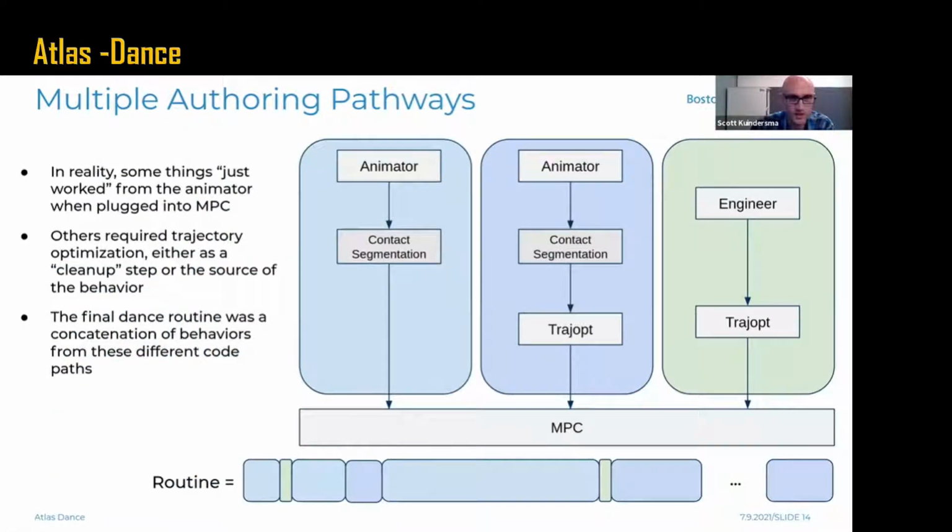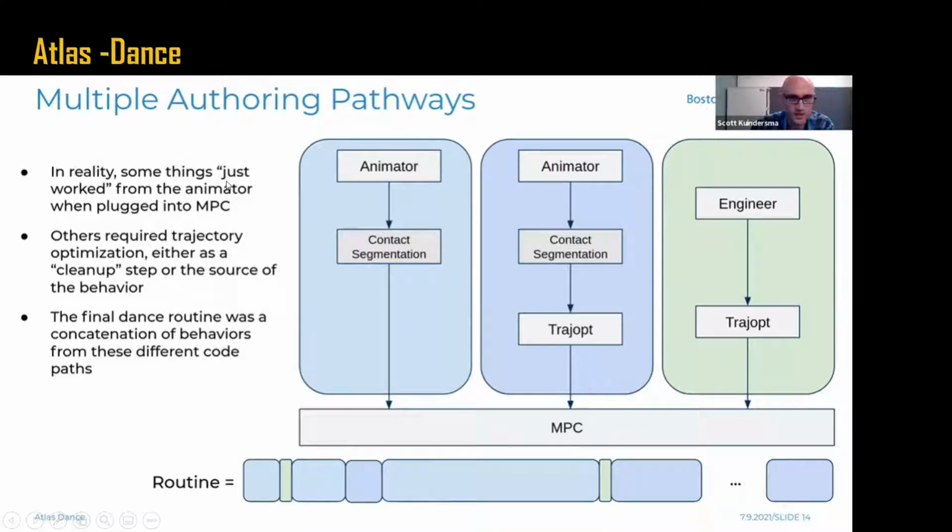And here is another thing of how we can author multiple pathways. As they mentioned in the webinar, some of the movements that the animator performs can be directly transferred to the model predictive controller, whereas some of the movements require some refinement, right?